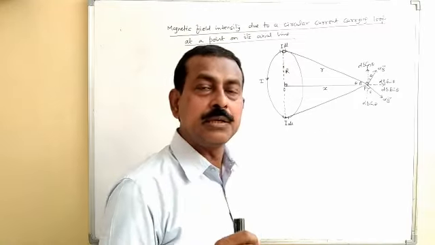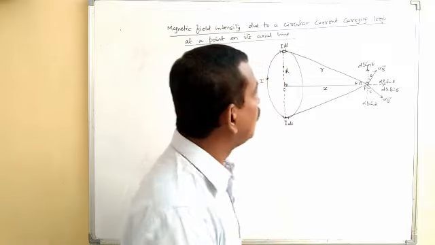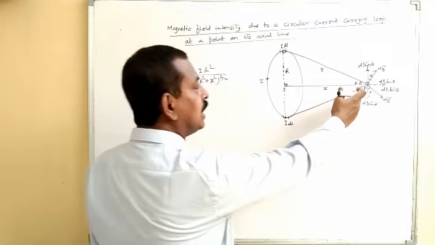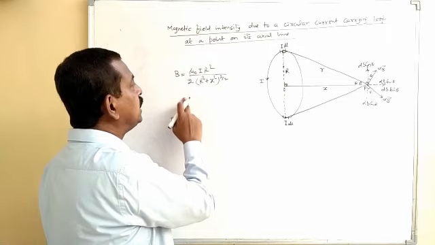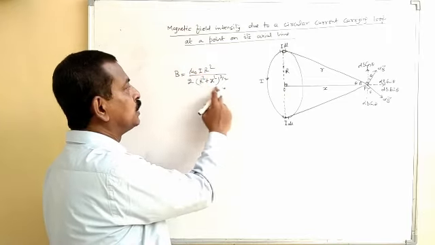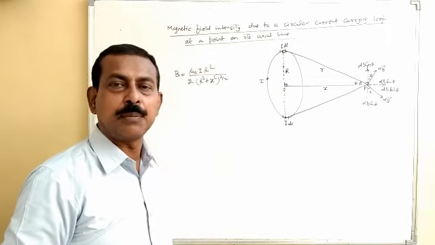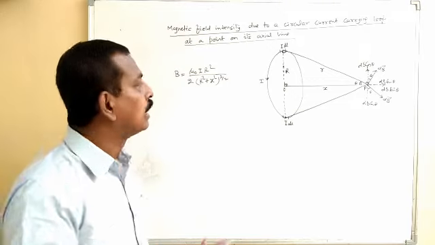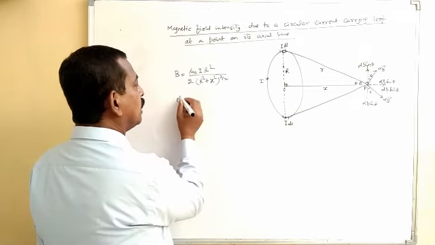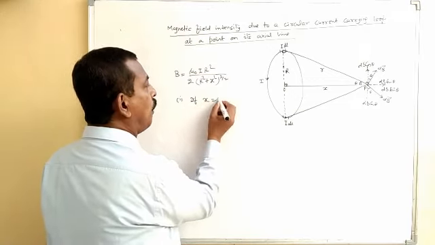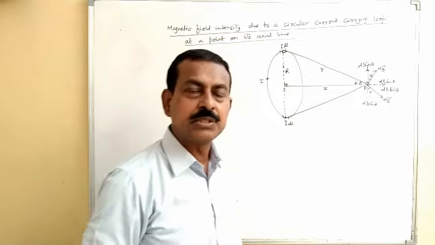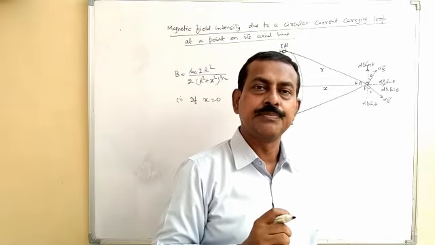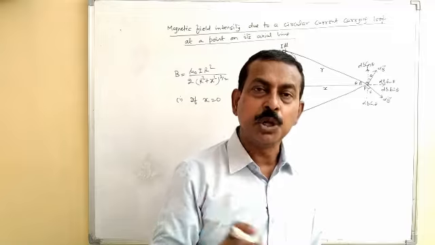Now, if you take the different cases here, the magnetic field on the axial line is B equals mu naught I R square by 2 (R square plus x square) power 3 by 2. If x is 0, that means our observation point is at the center of the loop.